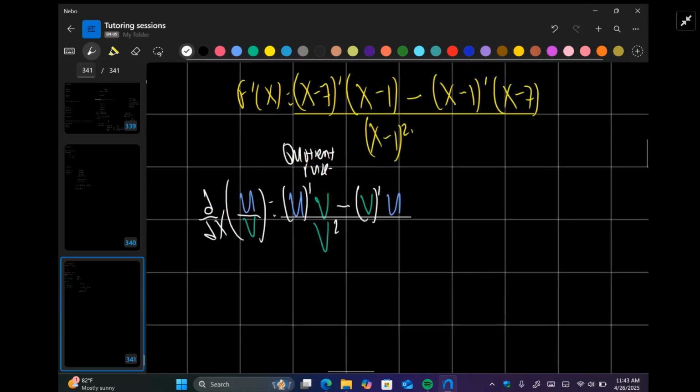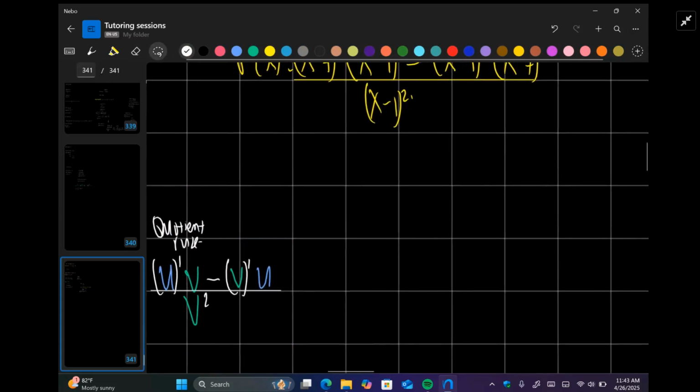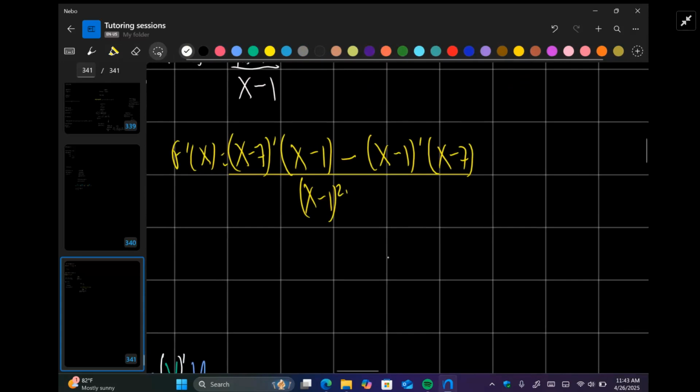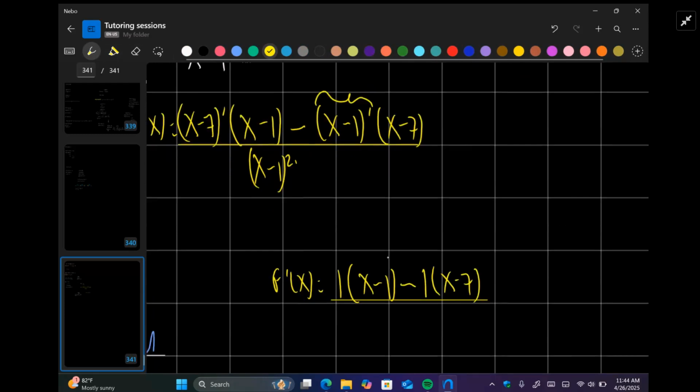Simplifying, let me put this to the side. We have f prime of x is equal to 1 times (x minus 1) minus 1 times (x minus 7), all over (x minus 1) squared, because the derivative of x minus 7 is 1, and the derivative of x minus 1 is 1.